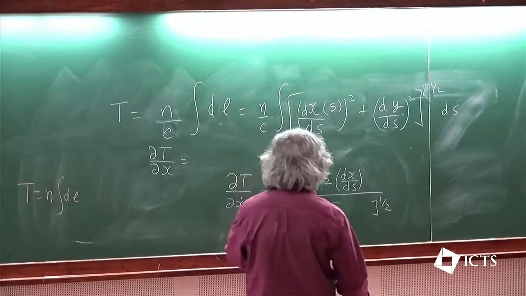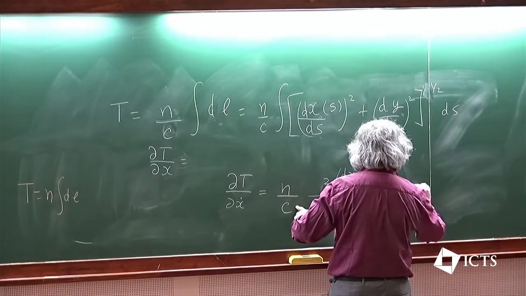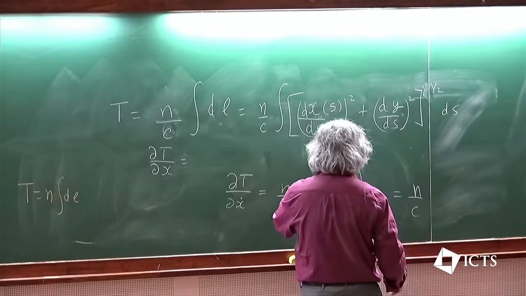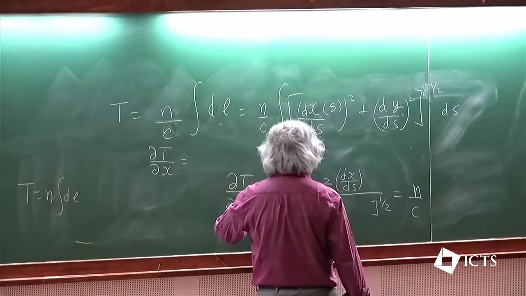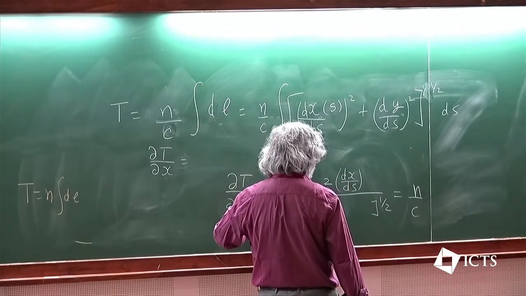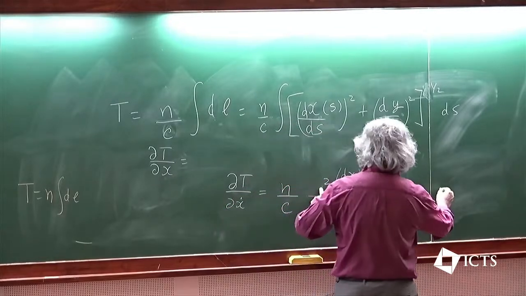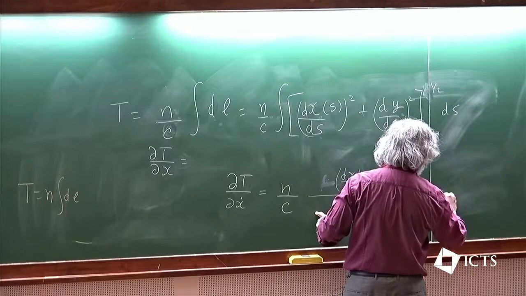So the dimension of this is 1 upon velocity, I mean, n upon c, this is the velocity. And then the 2 is also cancelled out. dx over ds.